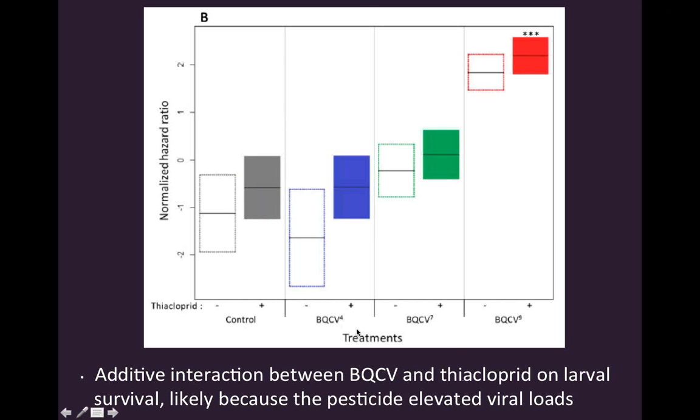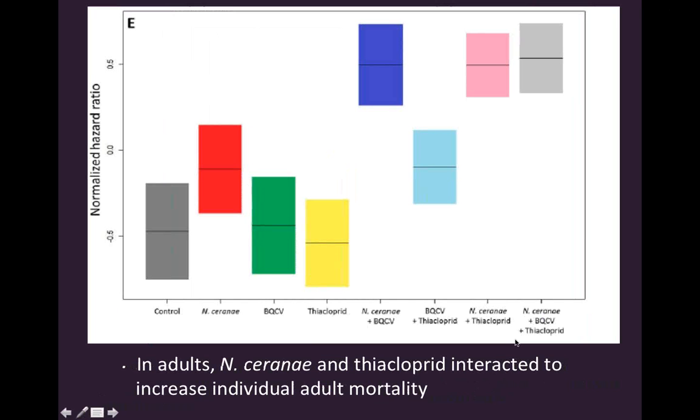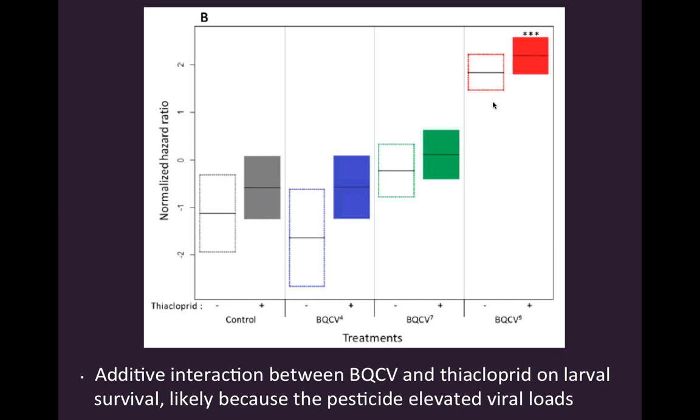In this study, they also looked at adult survival, adult mortality, and it increased adult mortality when you had a combination of the thiacloprid and the two pathogens.